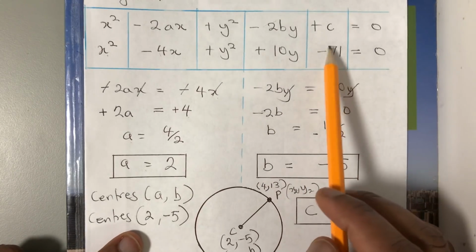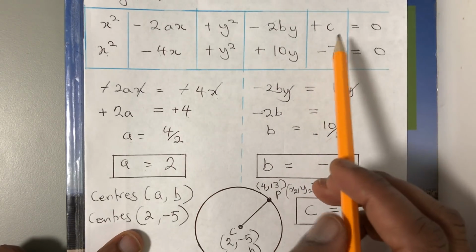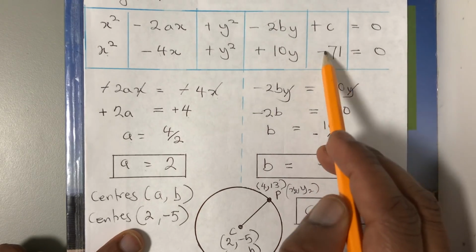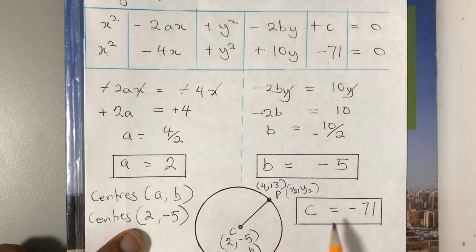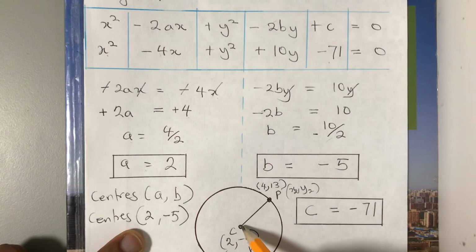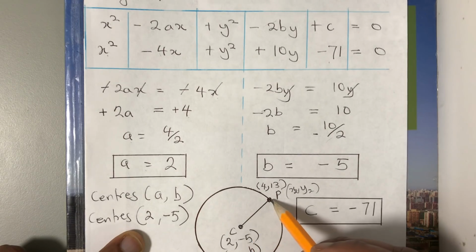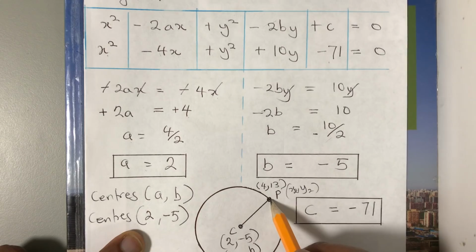Then from the equation given, we can see that C, which is constant, equals minus 71. In so doing, we connect the line from the center to the circumference of the circle, pointing to P, which is at the circumference.